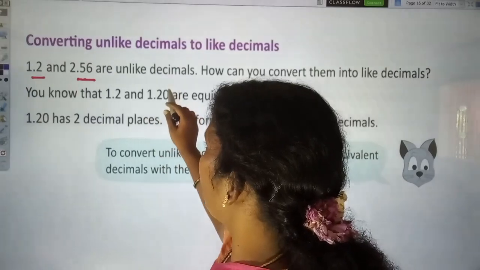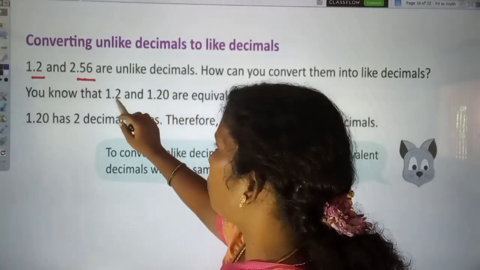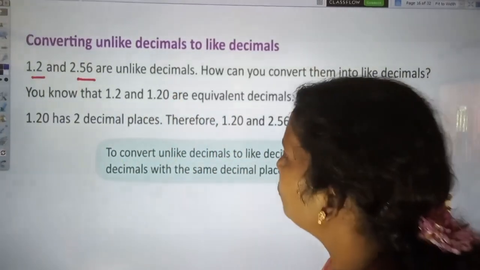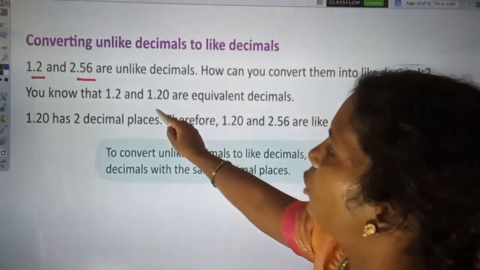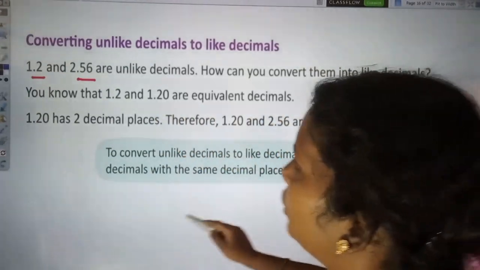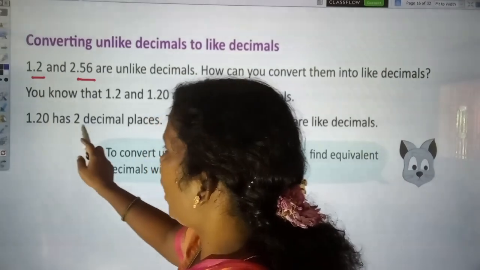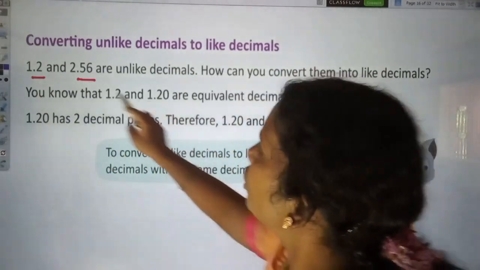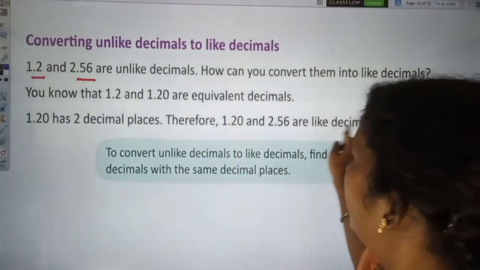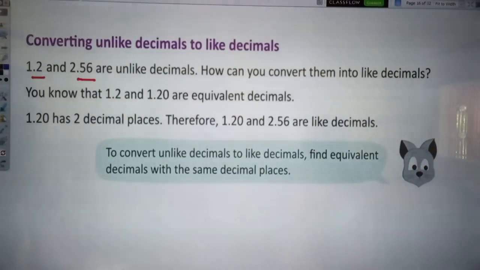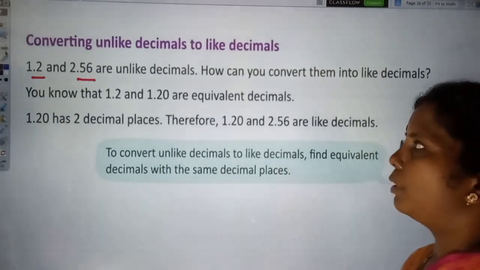That is, we are going to add 0 after this 1.2. Here 1.2 and 1.20 are equivalent decimals. You see children, 1.20 has 2 decimal places. Therefore, this 1.20 and 2.56 are like decimals. To convert an unlike decimal to like decimal, we have to find the equivalent decimals with the same decimal places.